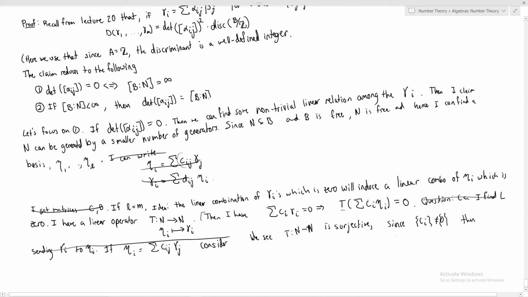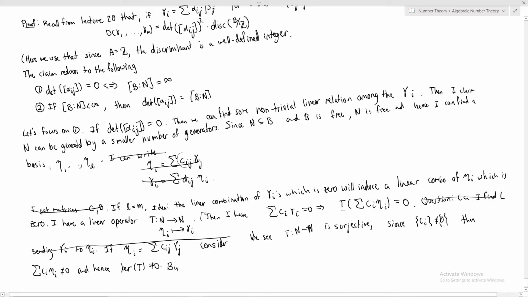Then this sum c_i eta_i is not equal to 0, and hence the kernel of T, right, is non-zero. Okay, so what do we see?